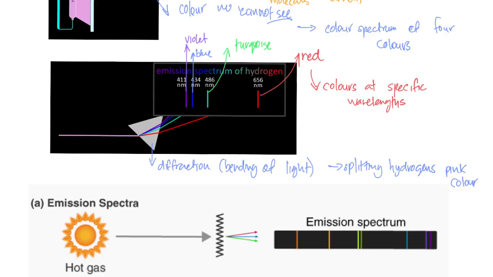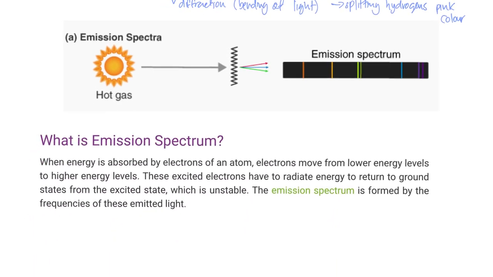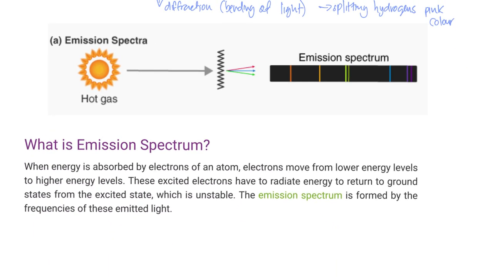All we're looking at with the emission spectrum is the specific colors emitted by an energized substance. That energized substance is some sort of hot gas. It's a gas that's heated up, and then that gas goes through some sort of prism. That's what you're looking at there. And then you get your emission spectrum.